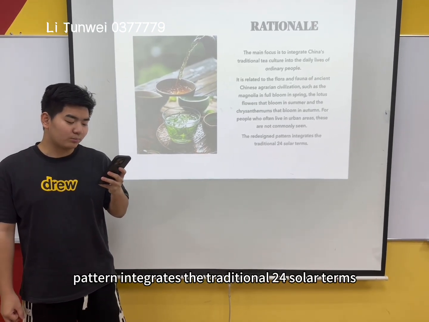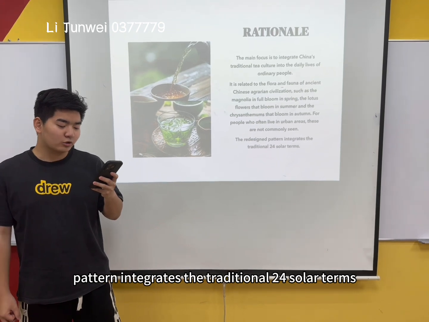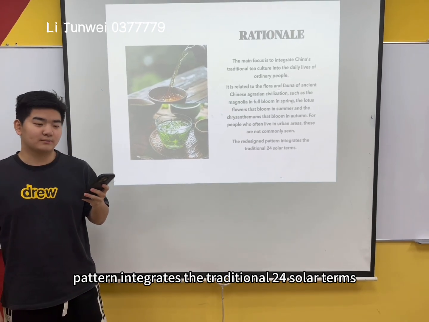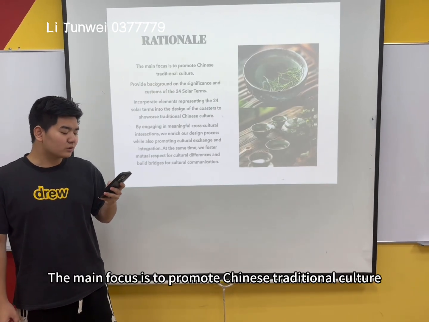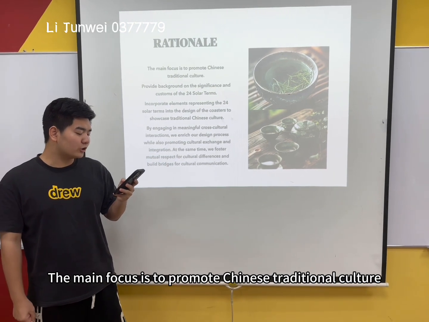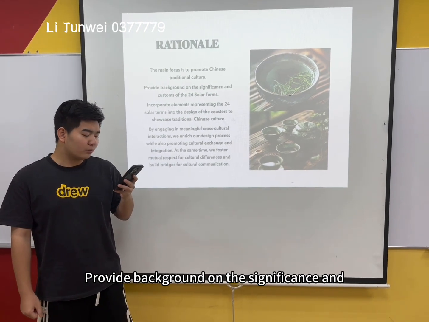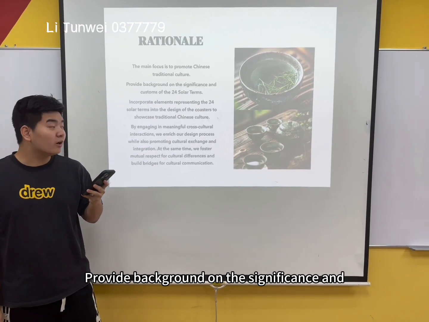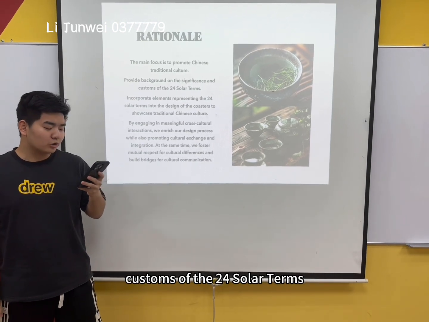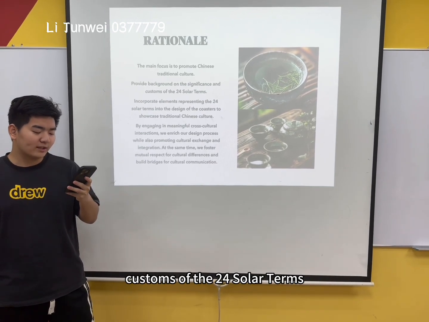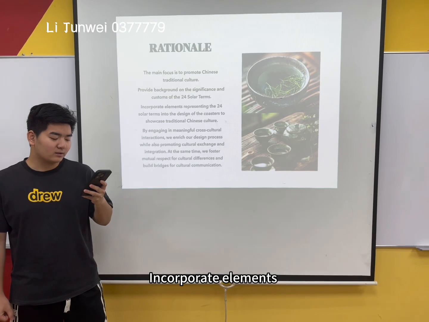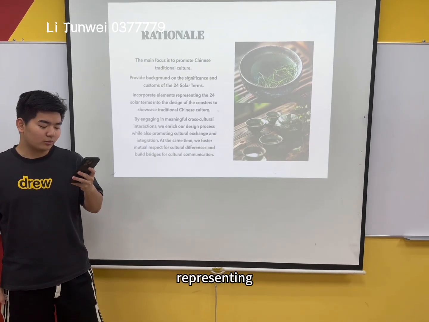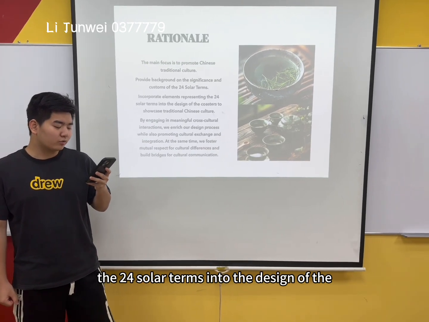This integrates the traditional 24 solar term themes. The main goal is to connect Chinese traditional culture, and create the background on the theme and the contrast of the 24 solar term themes.